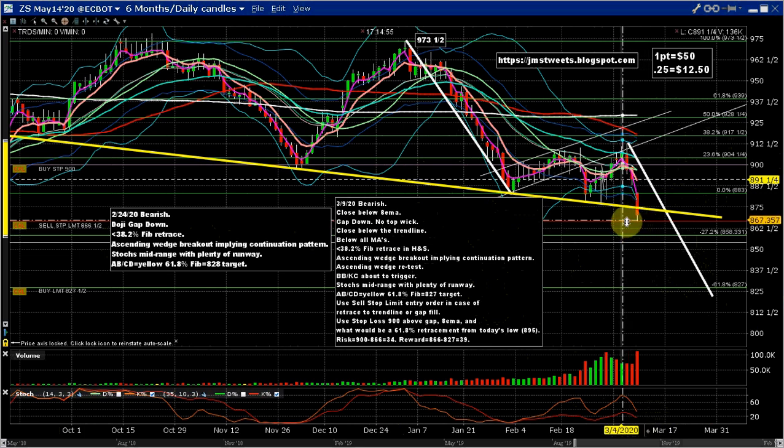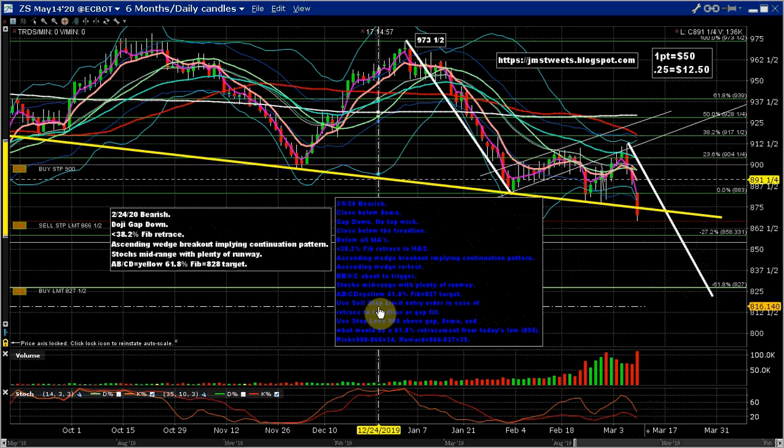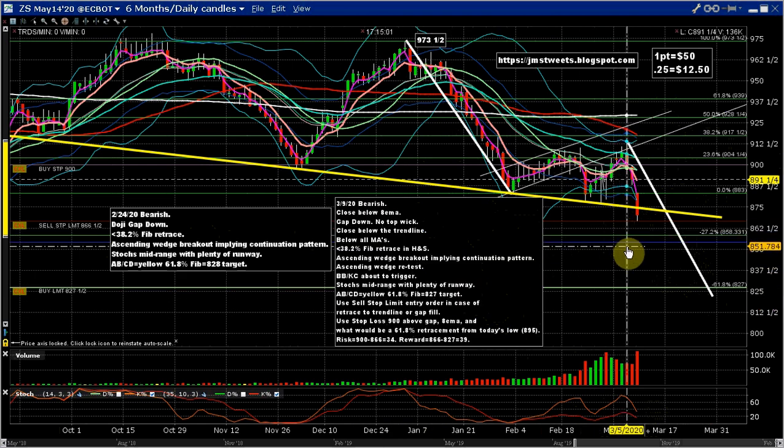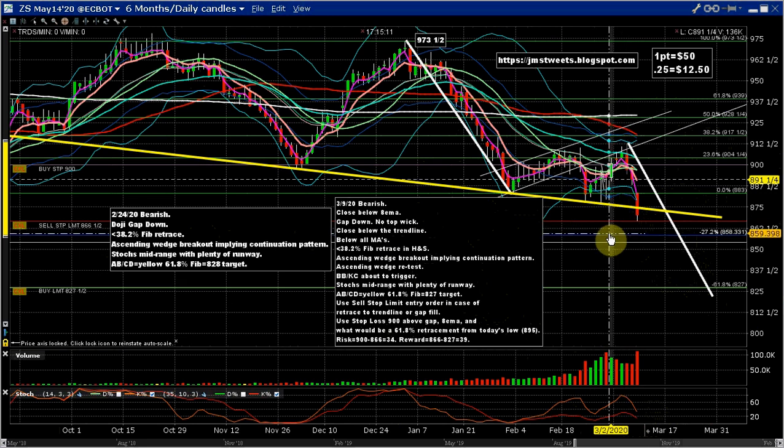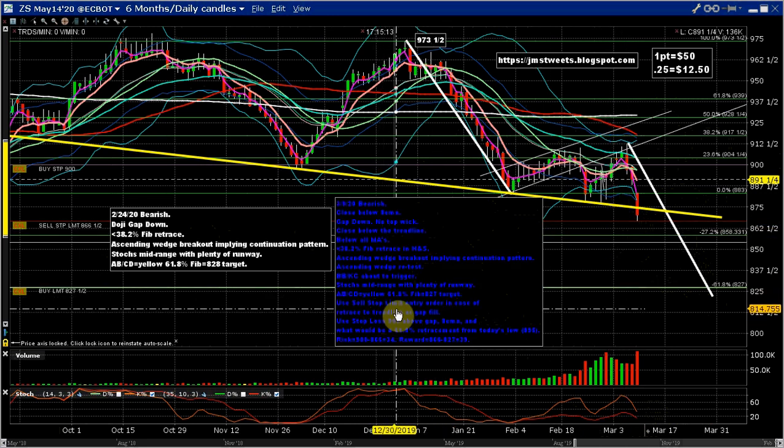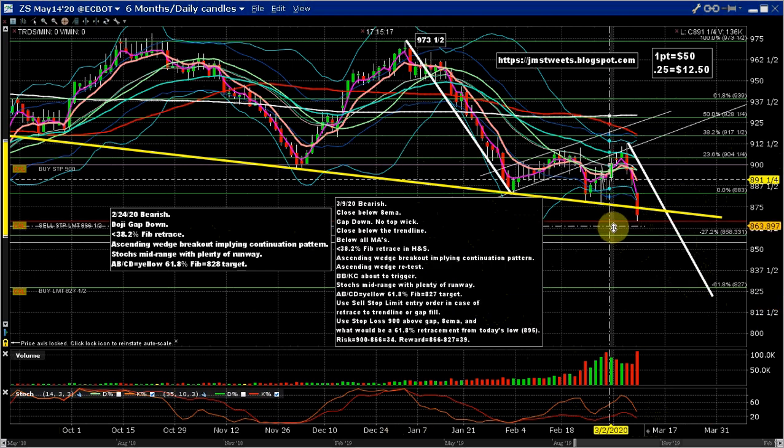And also, when you use a stop entry, there's a chance that you're going to have a big gap down and it'll just fill wherever that big gap is, which could be much lower than you expected, and then it could start up and cause troubles. So when I use a stop order, I like to use a stop limit order, which says how low I'm willing to go on that price.